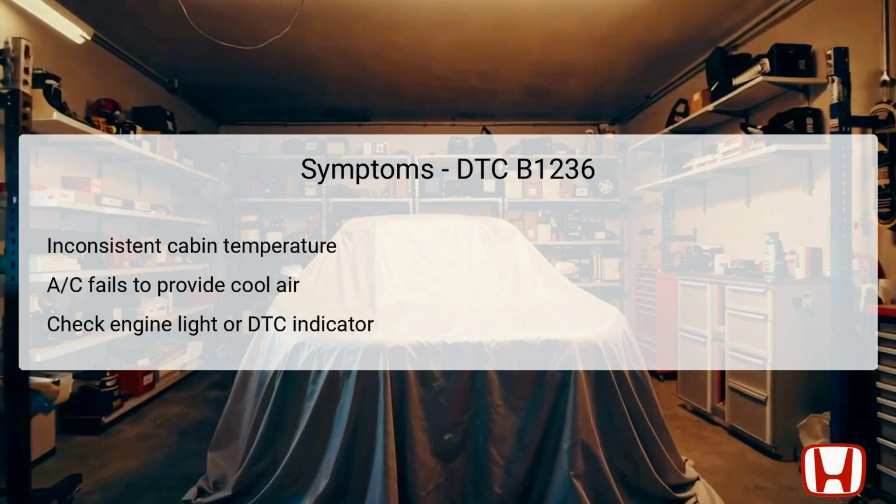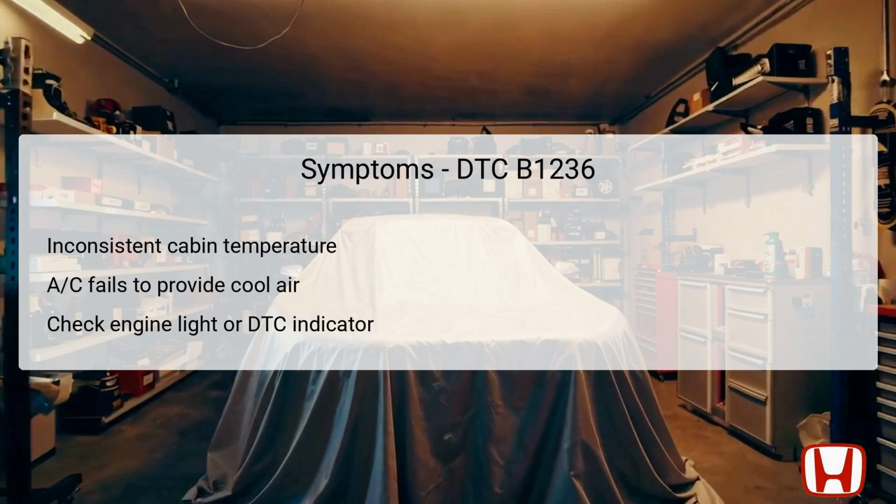When experiencing issues related to DTC B1236, drivers may notice several symptoms that can range from discomfort to warning indicators. One prominent symptom is inconsistent cabin temperature, where the heating or cooling does not respond as expected to temperature setting adjustments.